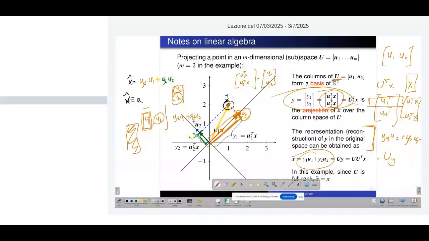So when we have matrix vector multiplication, we can either see it as a set of scalar products of the rows of the matrix with the vector. So first row, scalar product with the vector, then second row, scalar product with the vector, and so on. Or we can see it as the sum of multiple vectors, obtained by taking the first column scaled by the first component of the vector plus the second column scaled by the second component of the vector, and so on.